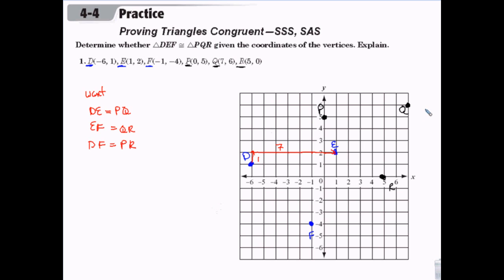If PQ is the same length as DE, it'll be the same distance along the legs of the right triangle to make the hypotenuse the same. So I need to be able to go up 1 and over 7. These are the same length.